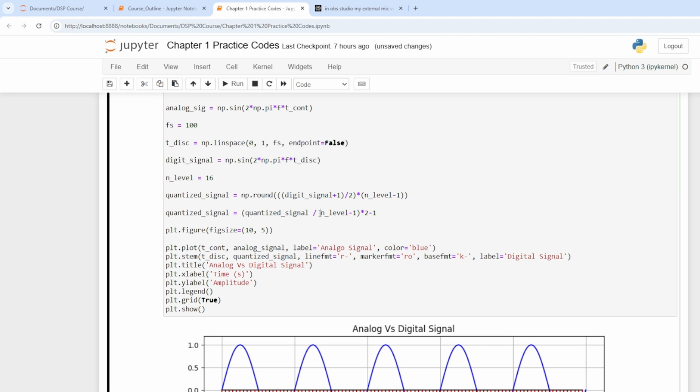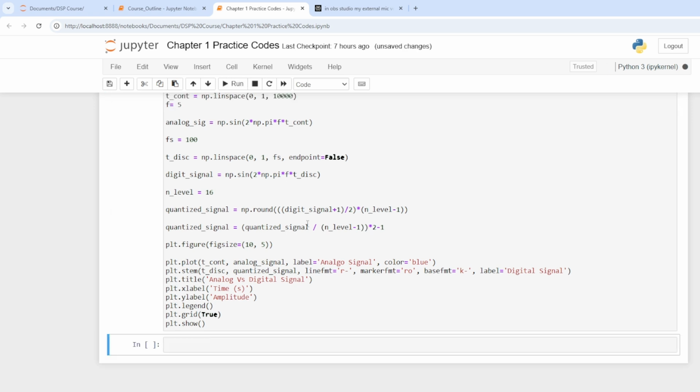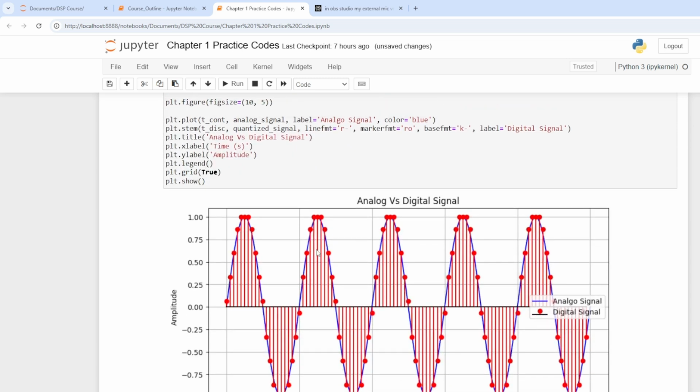Then we need to close this because this is not giving it. Okay, now perfect.